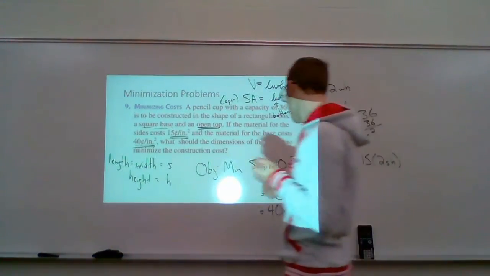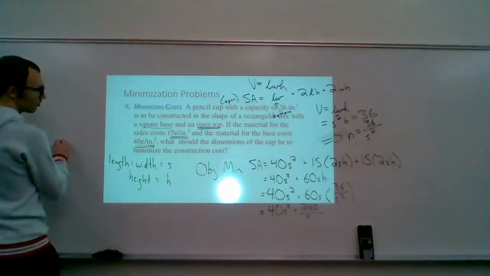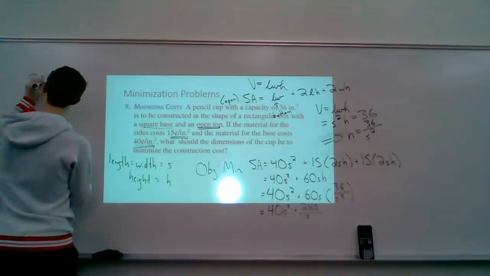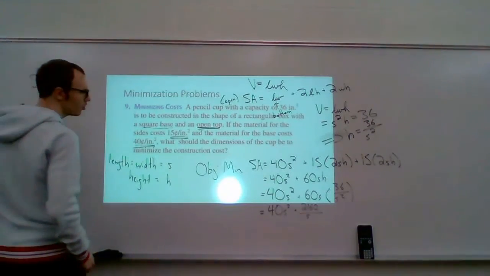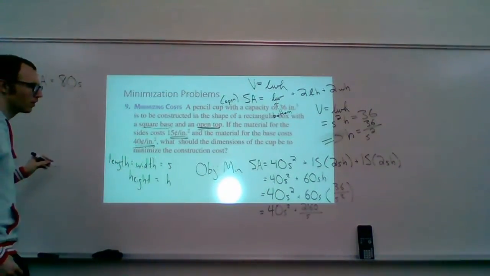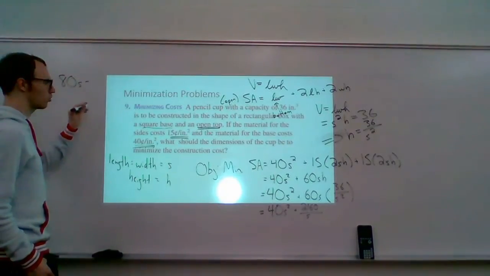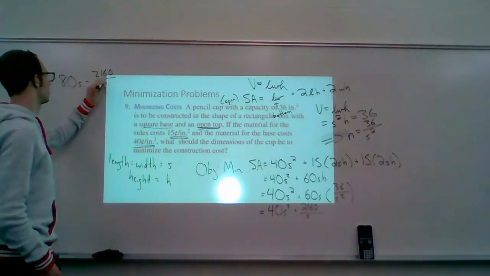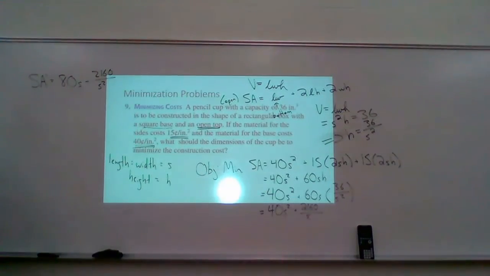So 40S squared, so let's see here, so SA prime is equal to 80S minus 2160 over S squared. And so now I do the same math I was doing before, except I don't screw up like I did last time.